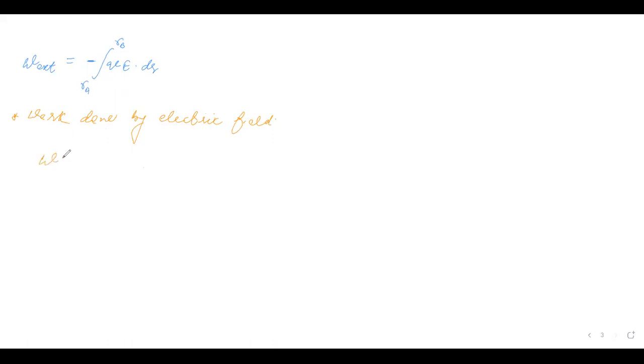We can write W of electric force is equal to W of external with negative sign, because both are in opposite directions. So W of electric field is equal to minus of W of external, which is minus of integration RA to RB Q into E dr. This negative and negative makes it positive.